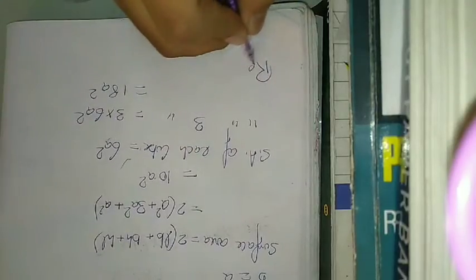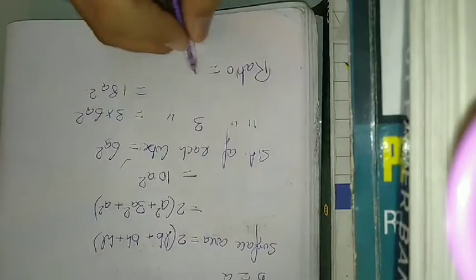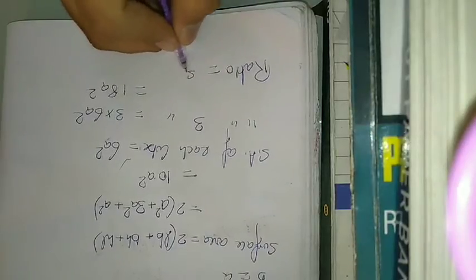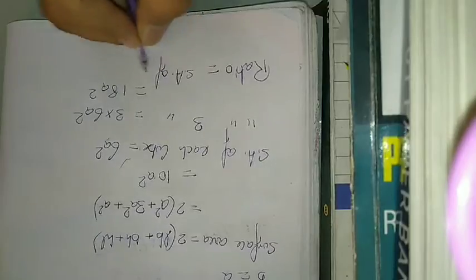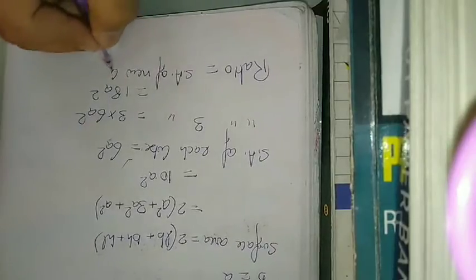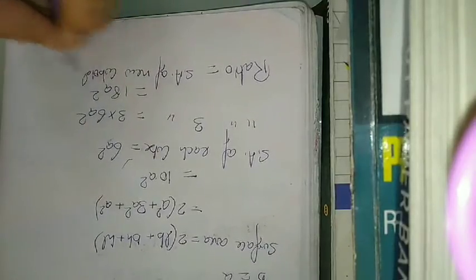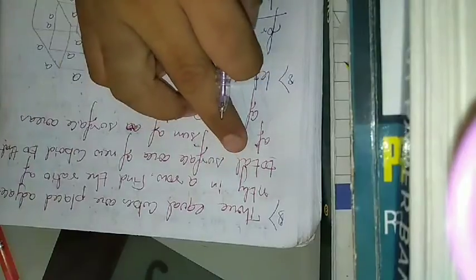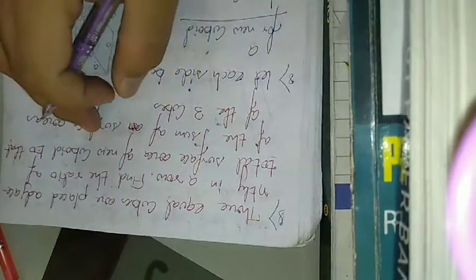You need to find the ratio of total surface area to the sum of the surface area. So ratio will be surface area of the new cuboid, that's what is asked in the question: find the ratio of the total surface area of the new cuboid to the sum of the surface area of the 3 cubes.